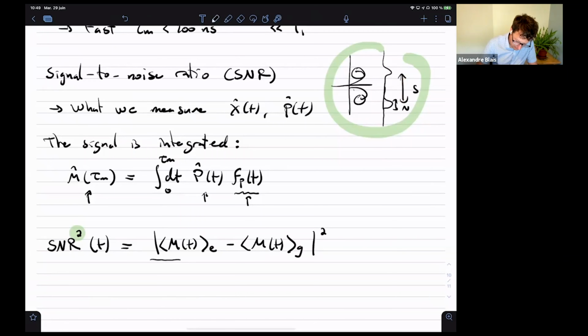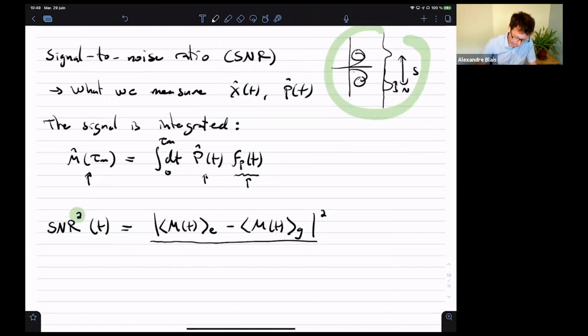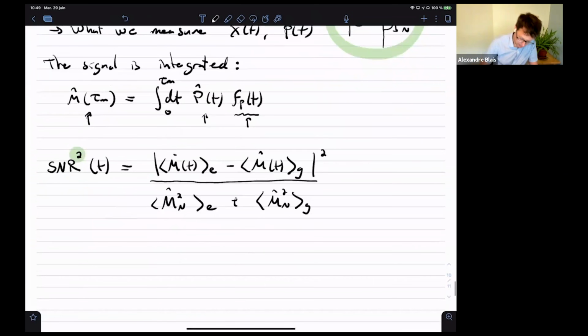And now I need to divide by the noise. The noise will simply be, I'll define a noise operator in a second. So here I've defined the following object.